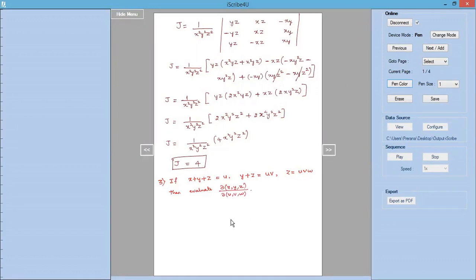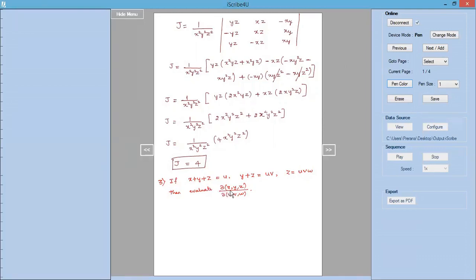We need to obtain the reverse of the Jacobian. It actually means first we have to represent x, y, z in terms of uvw. We have to express x, y, z in terms of uvw first, and then use a formula for Jacobian in the reverse way.